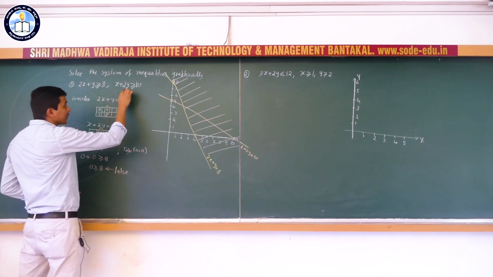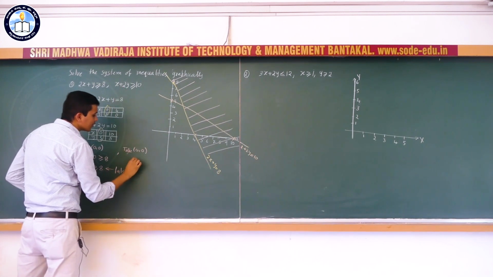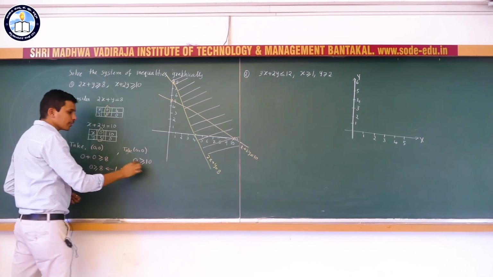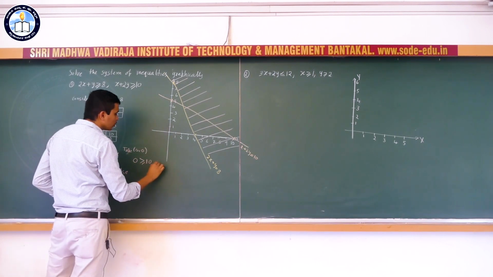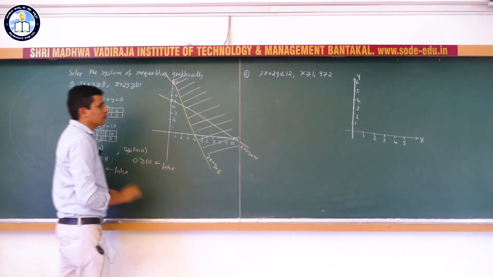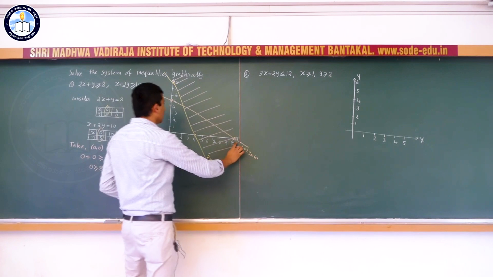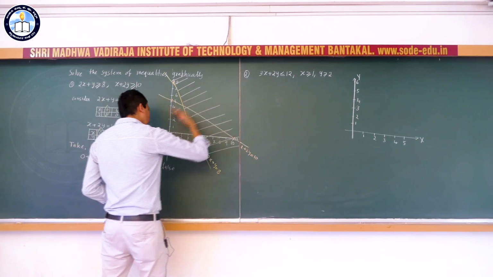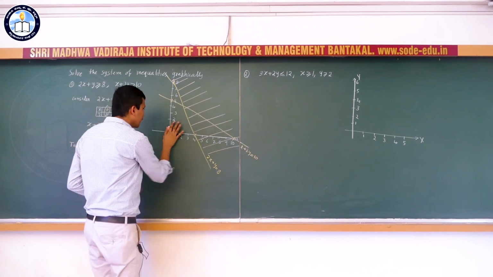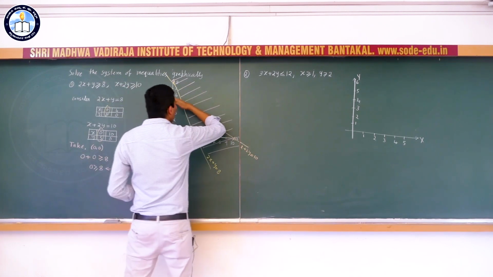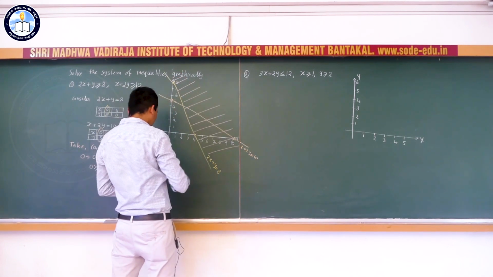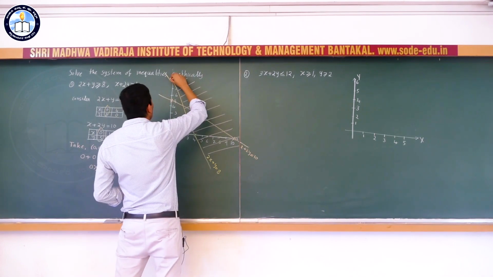Substituting in place of x and y, the left side is 0, the right side is 10, but is 0 greater than or equal to 10? No, this is false, right? So if it is false, once again for this second line, whether it is the lower half plane or upper half plane: upper half plane, right? So it cannot contain that 0,0. So it is on this side of the line, right? So I need to shade that particular part. I'll shade like this.